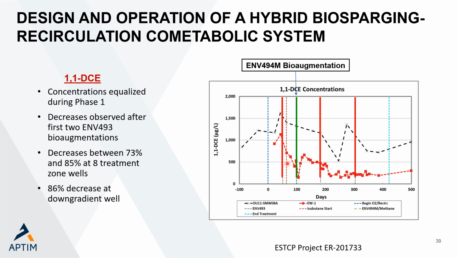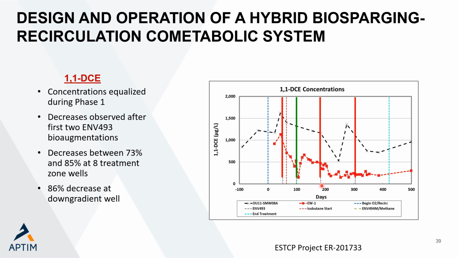Basically, if we look at the data for 1,1-DCE, we see a very nice decline after we first bioaugment. Here we were at almost 1,200 micrograms per liter as the plot became well mixed. And after we bioaugment, we see that we've declined down to a couple hundred micrograms per liter.